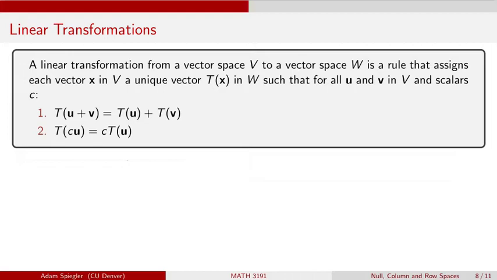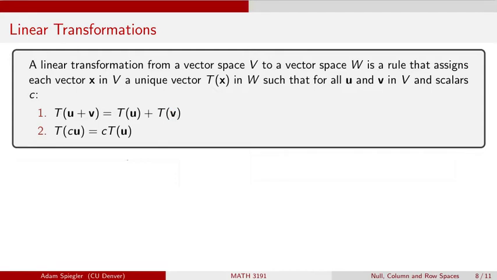So we can define a linear transformation from vector space V into vector space W as a rule that's going to map each vector x in V to a unique vector that we'll denote T of x in W, such that for all vectors u and v in our domain, the vector space V, and scalars c, the transformation of u plus v is the same thing as the transformation of u plus the transformation of v.